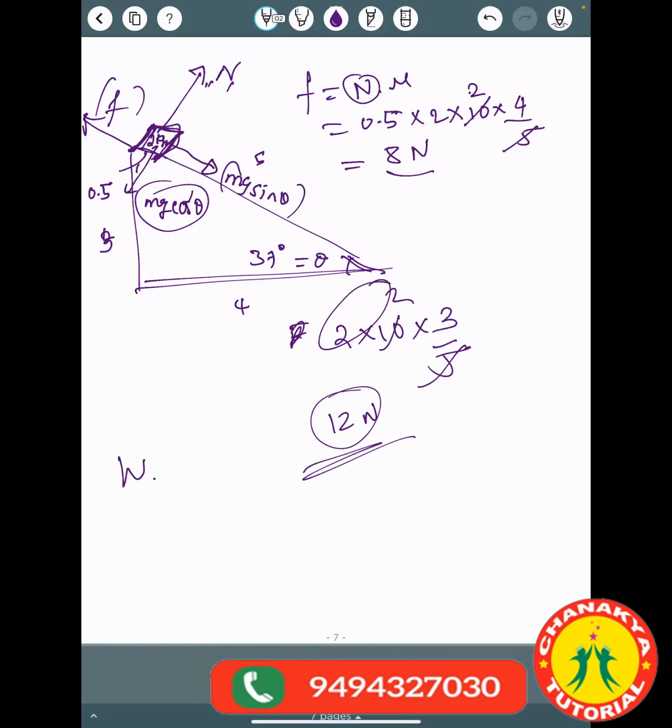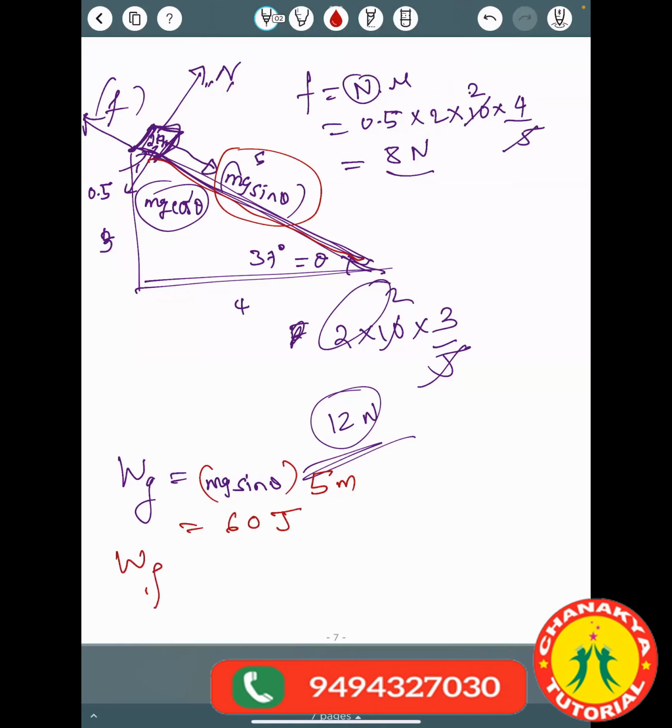So work done by gravity will be how much, guys? The force is mg sin theta, along the direction of motion you have to see. Along the plane it is moving, right? So the gravitational force is mg sin theta, 12 Newton, into the displacement, 5 meter. 12 into 5, 60 joule. Can you tell me what is work done by friction?